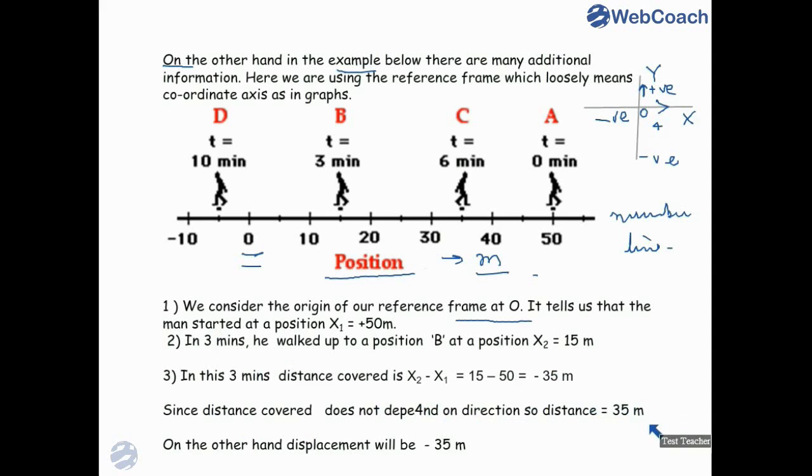So for distance I will take only the amount he has traveled, that is 35 meters. If I say what is his displacement, that will be minus 35 meters. It adds to my knowledge in the sense that it tells us that its motion is along the minus x direction.